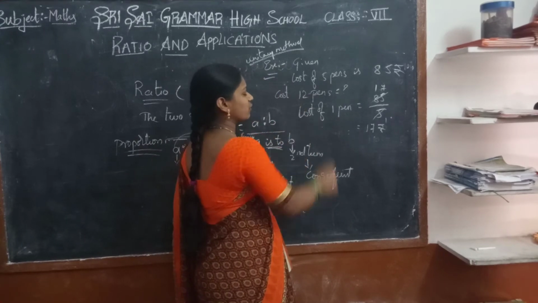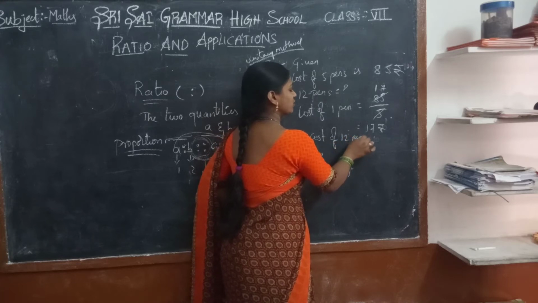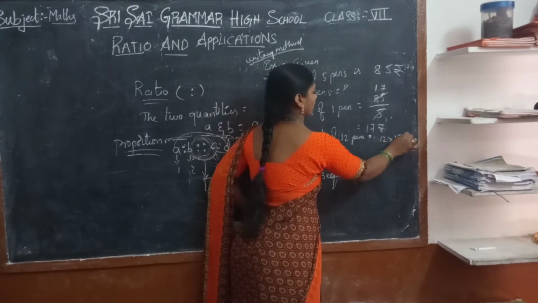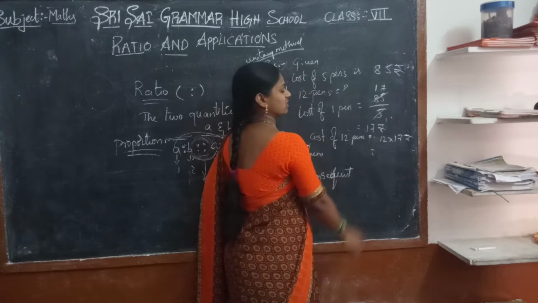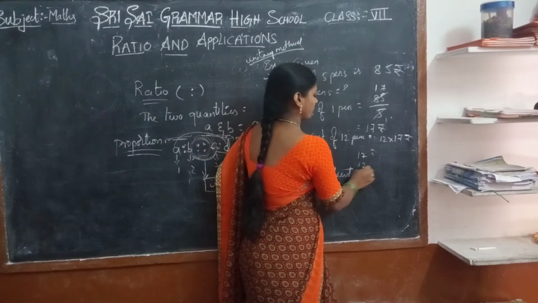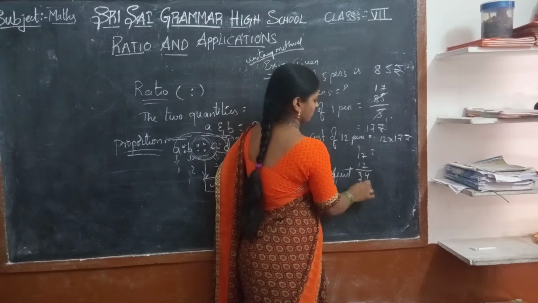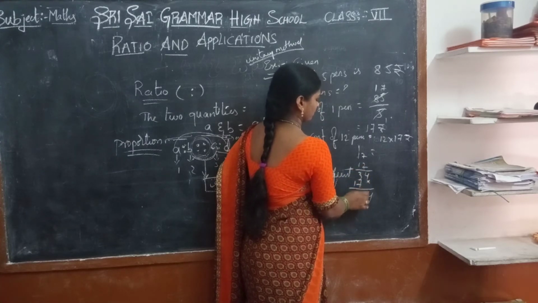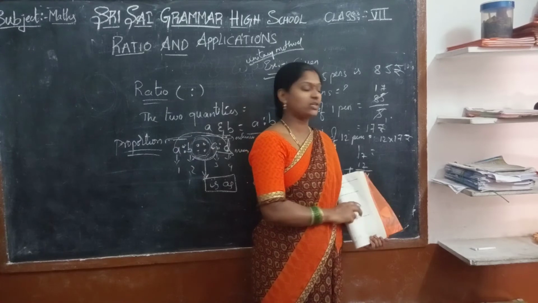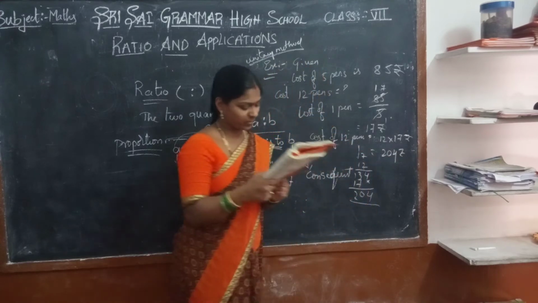Then to find the cost of 12 pens, we multiply with the given rate: 12 into 17 rupees. 7 twos are 14, and so 17 into 12 is 204. The cost of 12 pens is 204 rupees.